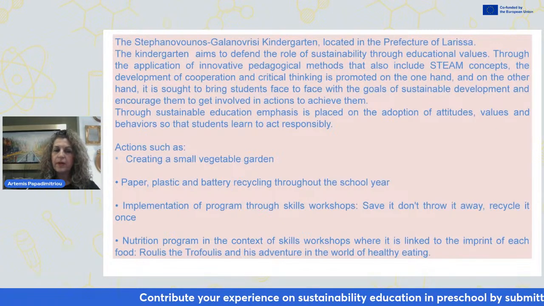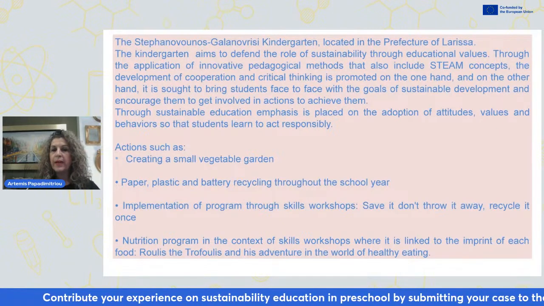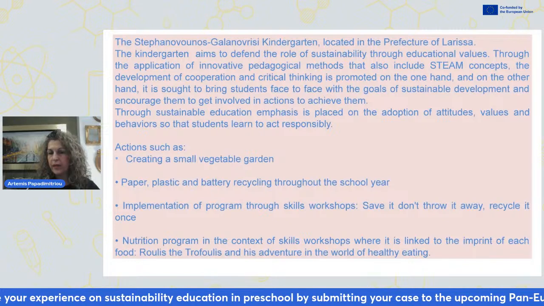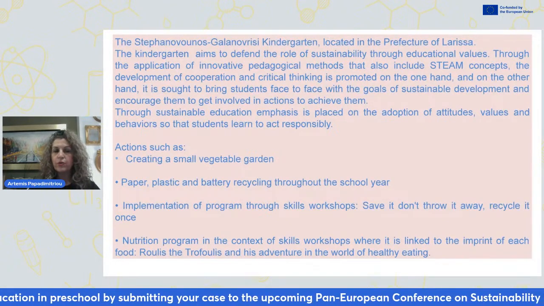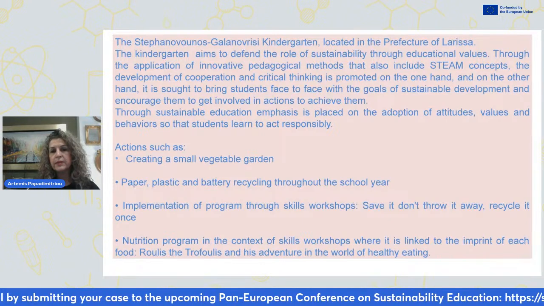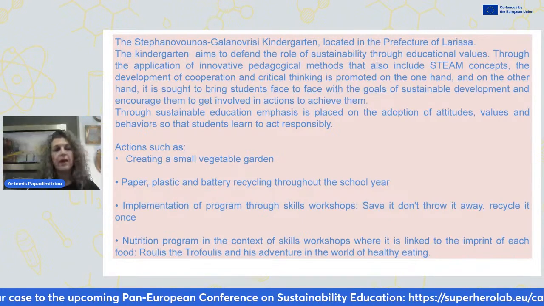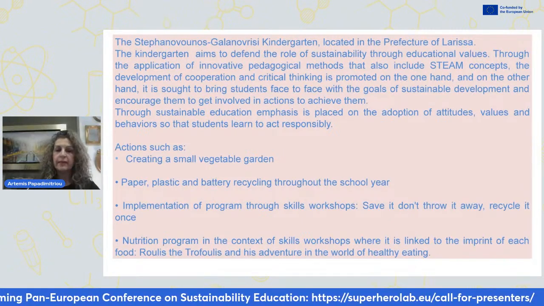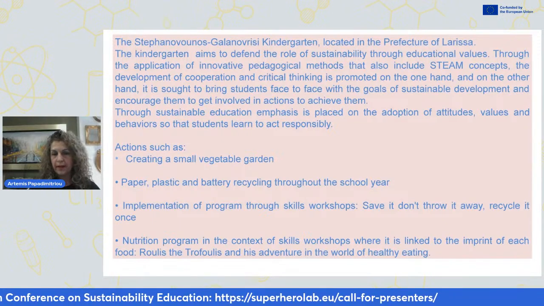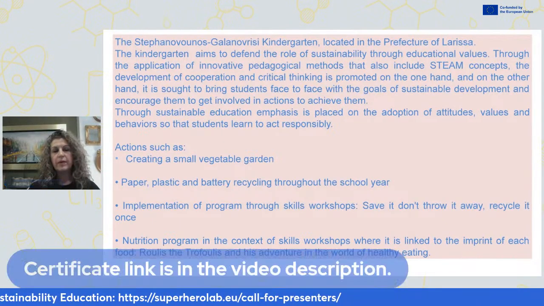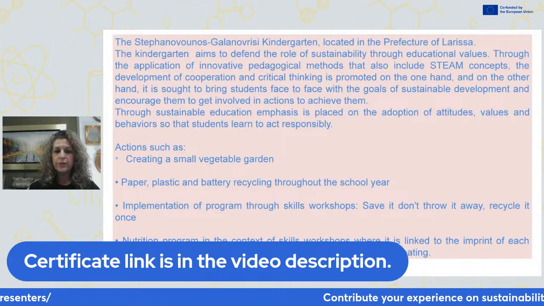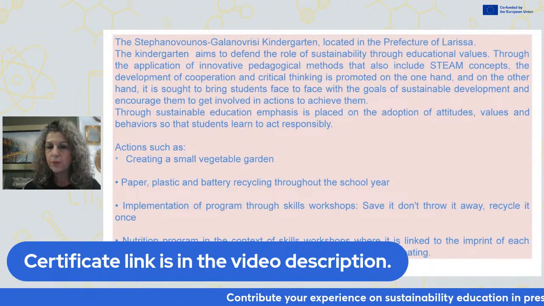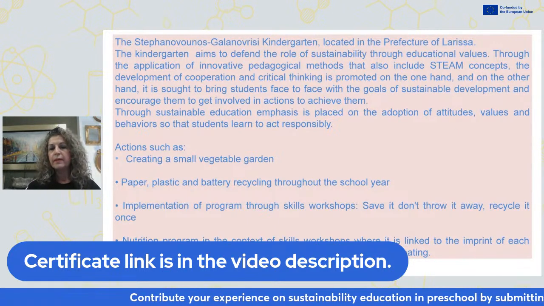Through sustainable education, emphasis is placed on the adoption of values, attitudes, and behaviors, so that students learn to act responsibly. Actions such as creating a small vegetable garden, paper, plastic and battery recycling throughout the school year, implementation of programs through skills workshops, and so on.